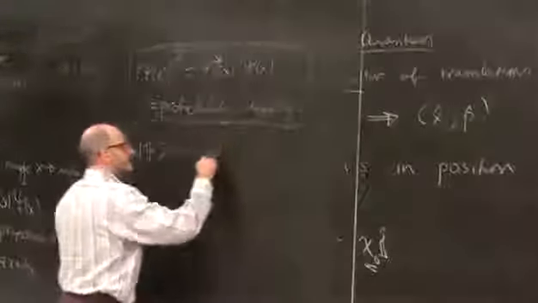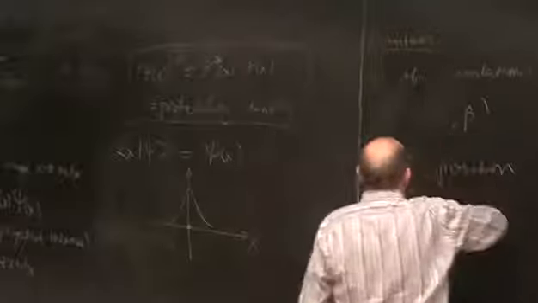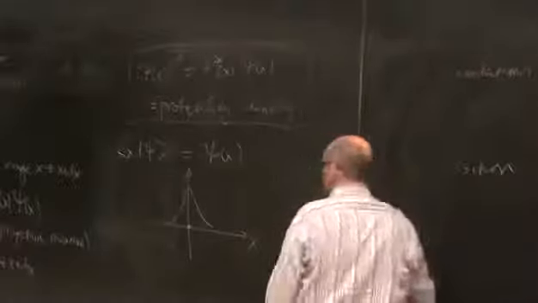And let's suppose it were the case, it doesn't really matter, that this psi of x was a wave packet localized at the origin, centered at the origin. Now let's ask what the translation operator should do.